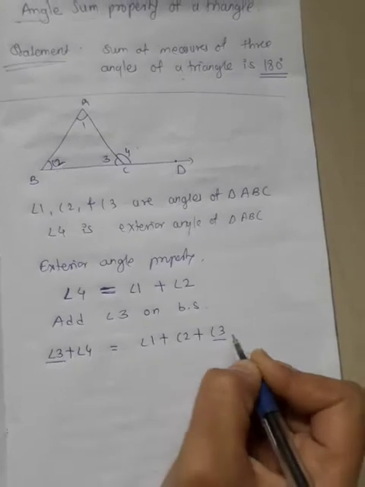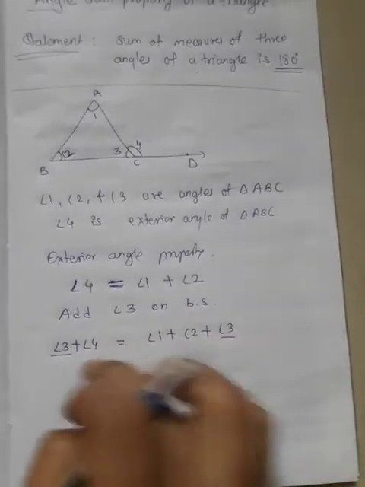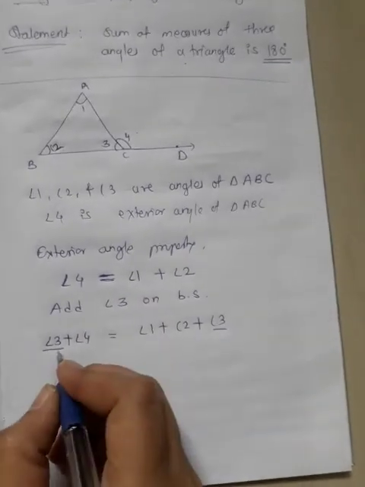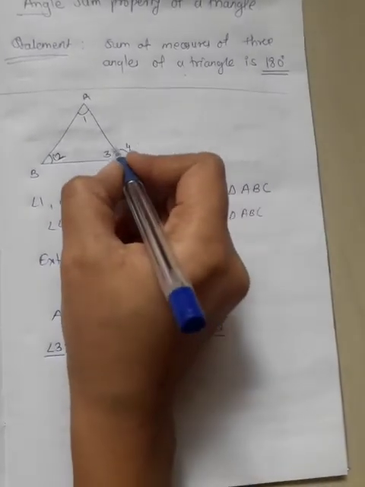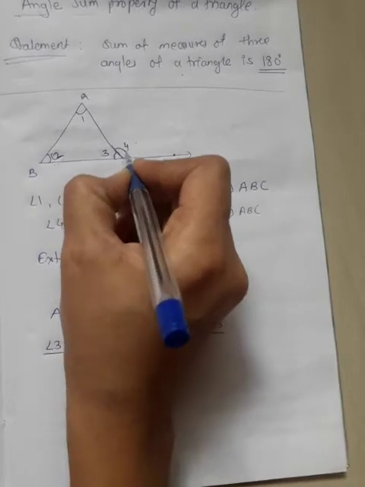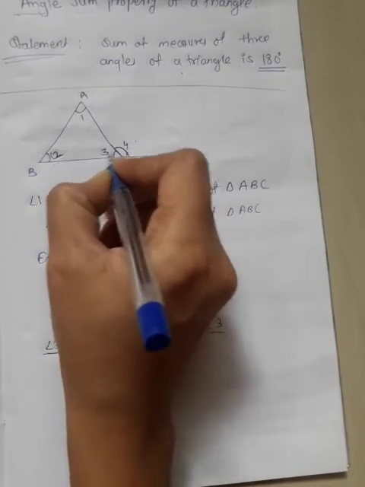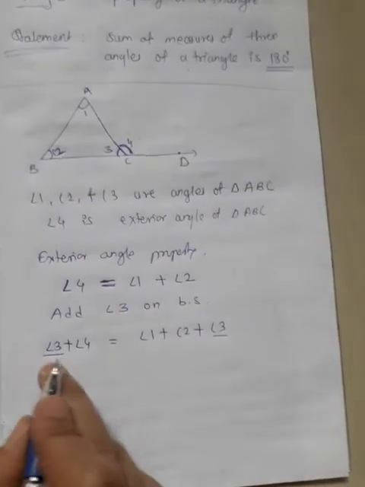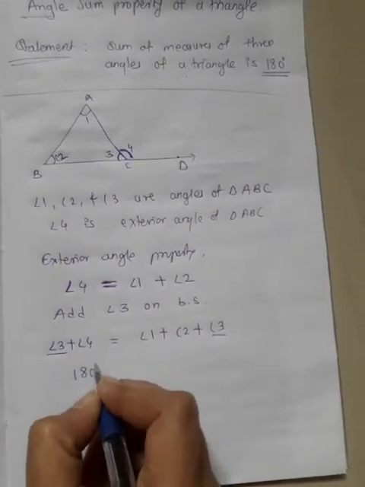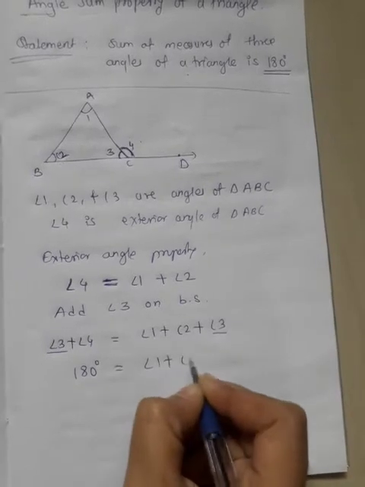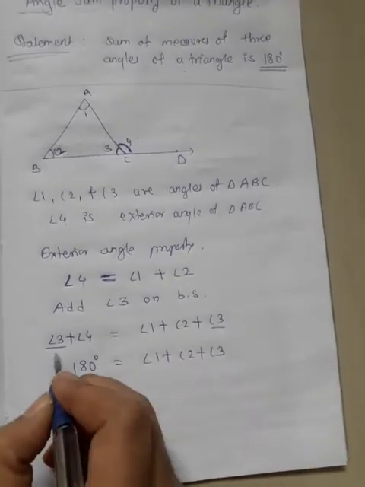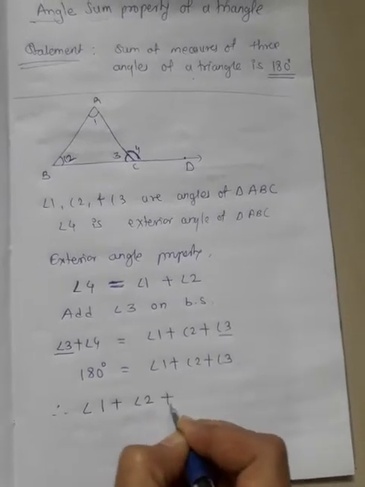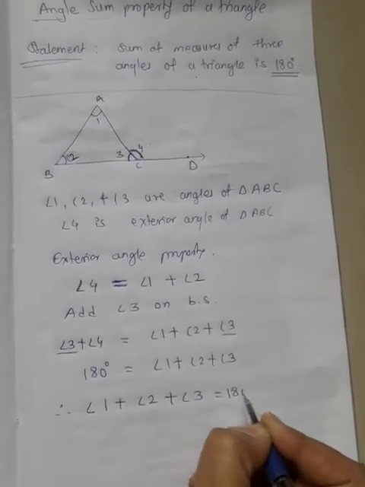We know that adding the same quantity on both sides does not change the equation. Now angle 3 and angle 4 are a linear pair, so the sum of their measures is 180. So angle 3 plus angle 4 is 180, and angle 1 plus angle 2 plus angle 3 is 180 degrees.